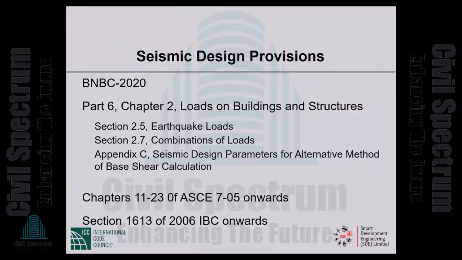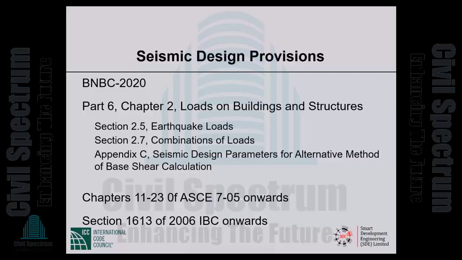So, the seismic design provisions of BNBC 2020, which is the focus of our discussion today, are in Part 6, Chapter 2. The title is Loads on Buildings and Structures. In that chapter, Section 2.5 is on earthquake loads. Section 2.7 on combinations of loads plays a major part, and I discussed it the other day.